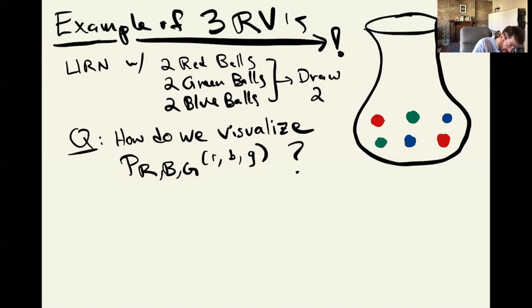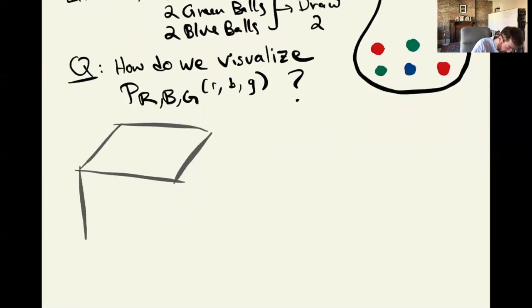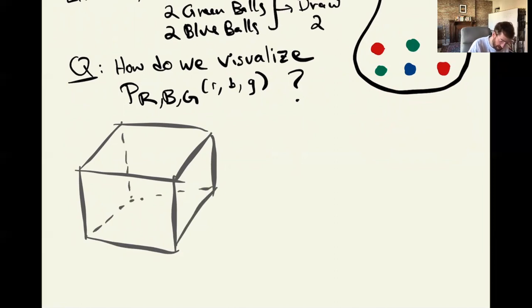So maybe in your mind, you could start imagining, how would I even start to picture this? Well, I've got three axes of interest. Let's say that the into-the-page axis is the number of red balls, the number of blue balls is my y-axis, and the number of green balls is my x-axis.